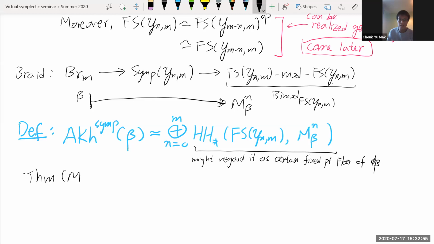The only way that I know how to compute this is using the extended algebra, but it is a difficult algebraic problem in general. Did I answer your question? Sure, okay, thanks.